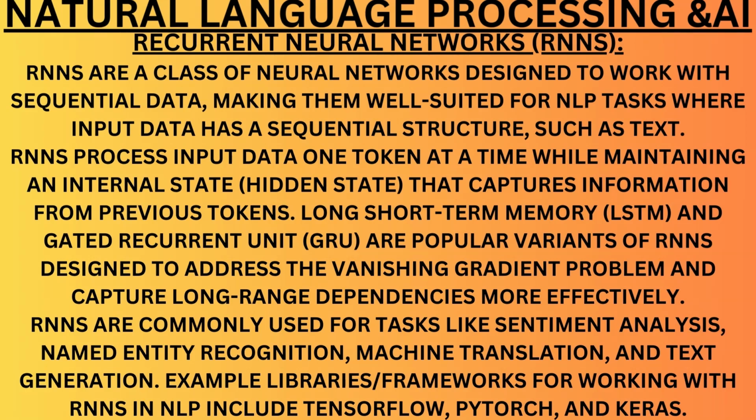RNNs are commonly used for tasks like sentiment analysis, named entity recognition, machine translation, and text generation. Example libraries and frameworks for working with RNNs in NLP include TensorFlow, PyTorch, and Keras.